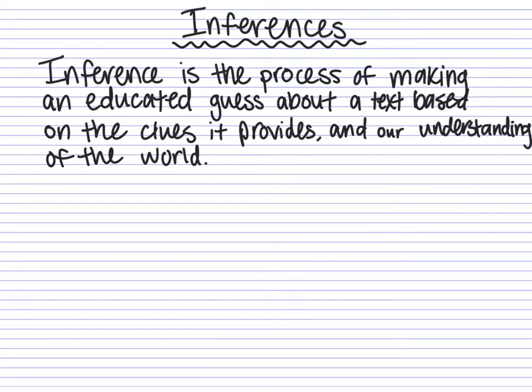Since the definition says an inference is the process of making an educated guess, we're looking to make an educated guess about a text based on its clues and our understanding of the world. When this definition says clues, what they mean is something called text evidence.